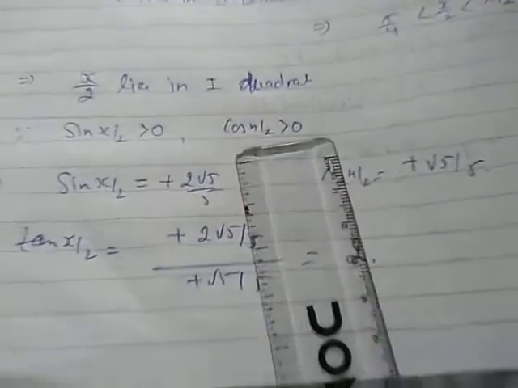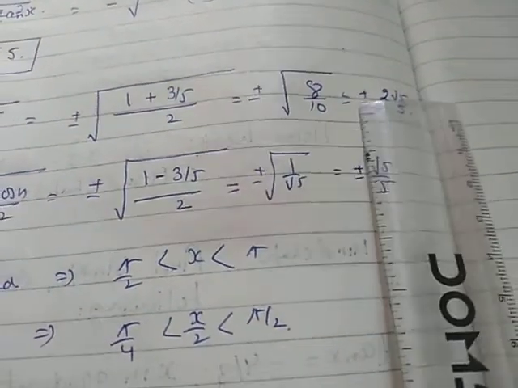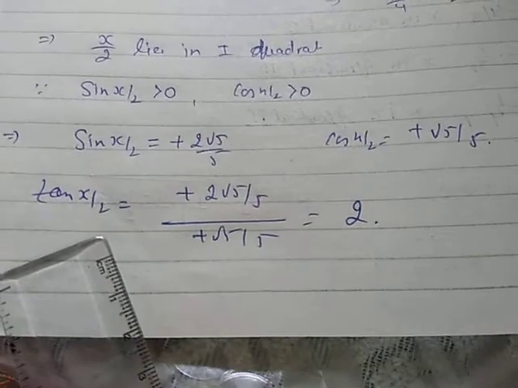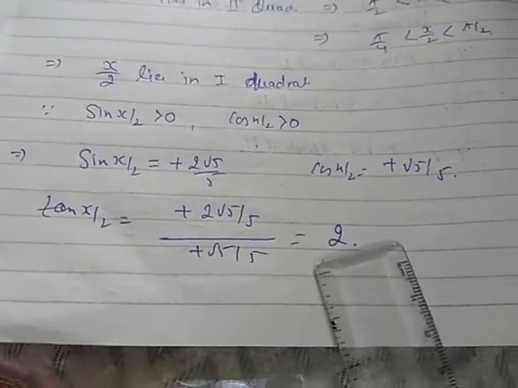Since x by 2 lies in first quadrant, definitely sin x by 2 is greater than 0, that is positive, and cos x by 2 is greater than 0, that means positive. Therefore, we have to take the positive value. Here sin x by 2 is plus minus 2 root 5 by 5, so we take only the positive value, plus 2 root 5 by 5. And cos x by 2 is plus root 5 by 5. Then tan x by 2 is sin x by 2 upon cos x by 2, it is 2.